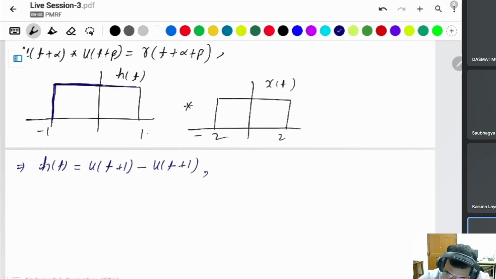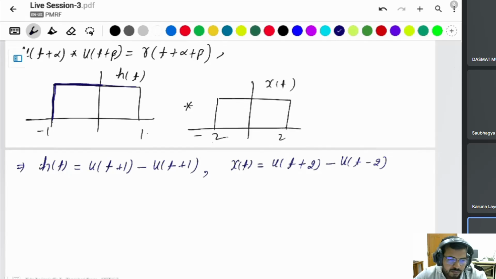Then yt, xt, same thing for xt. This started from minus 2, then you can write ut plus 2 minus ut minus 2.